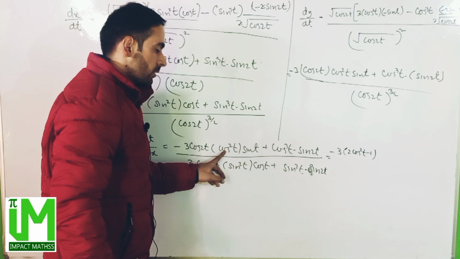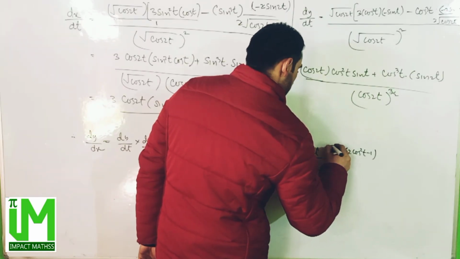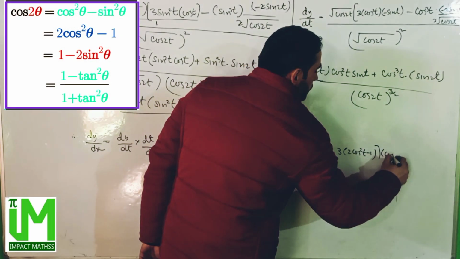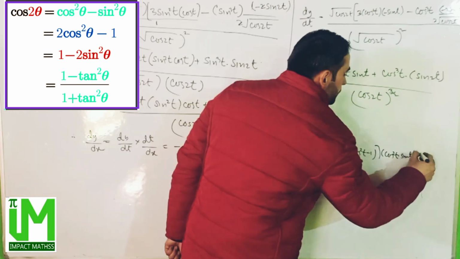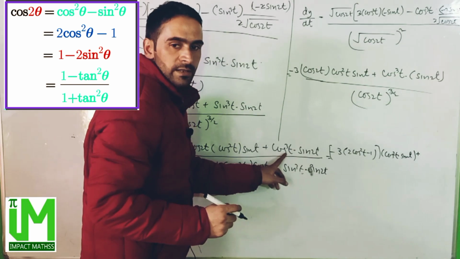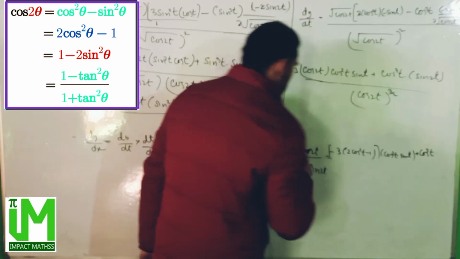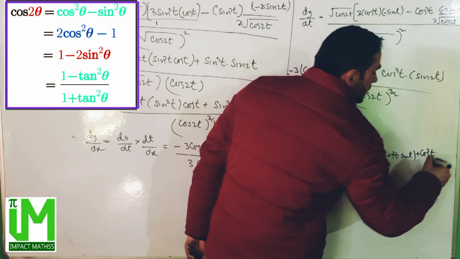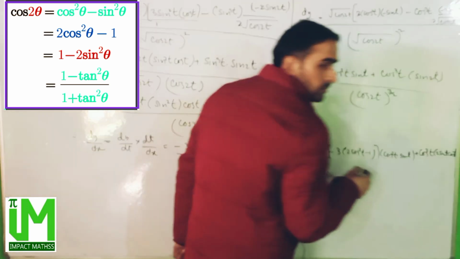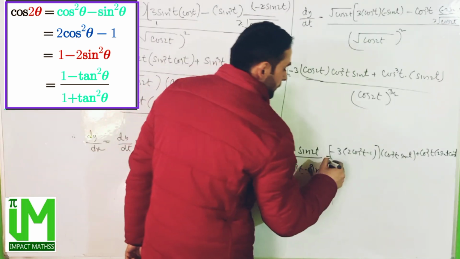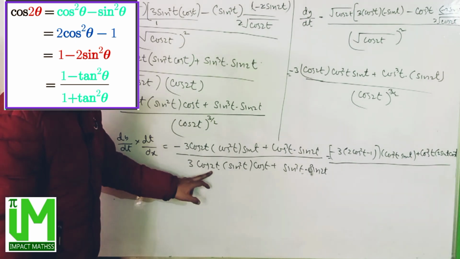Then we will have cos square t sin t, plus cos cube t as it is, times sin 2t, the double angle formula, which will be twice sin t cos t, divided by 3 cos 2t square, again by the double angle formula.